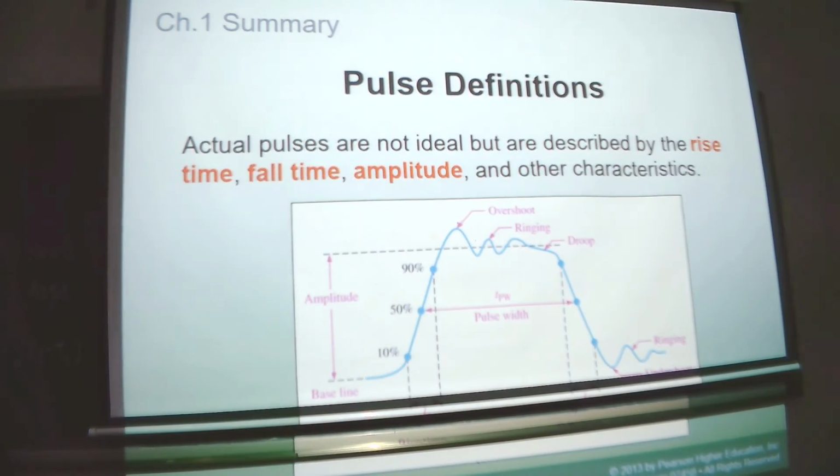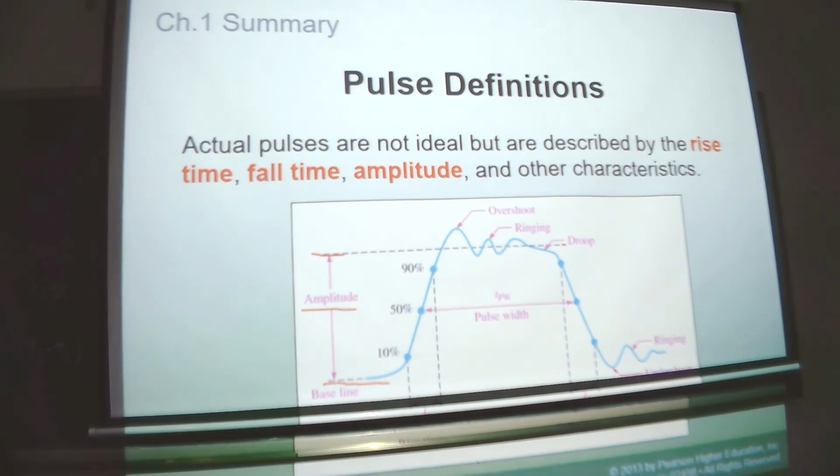Pulse definition. Actual pulses are not ideal, but are described by the rise time, fall time, amplitude, and other characteristics. On this figure there are many terms. Amplitude is from the lowest value to the high value.